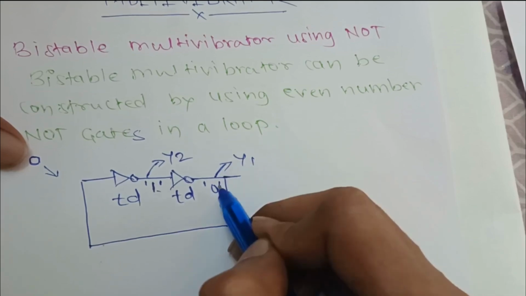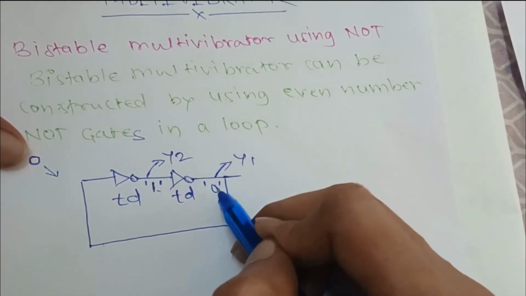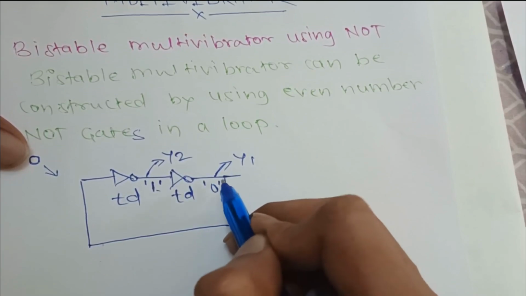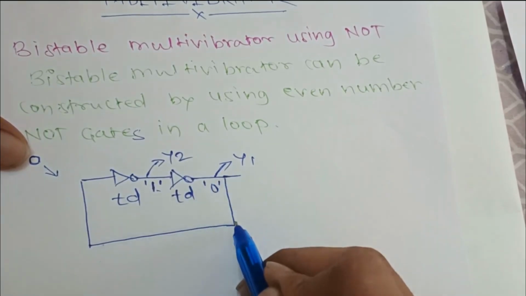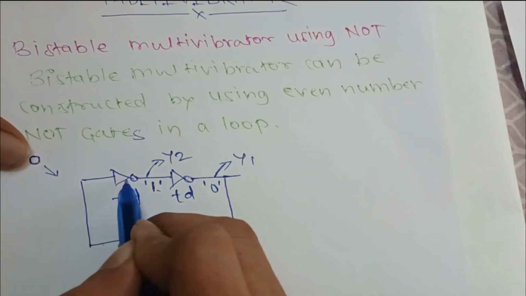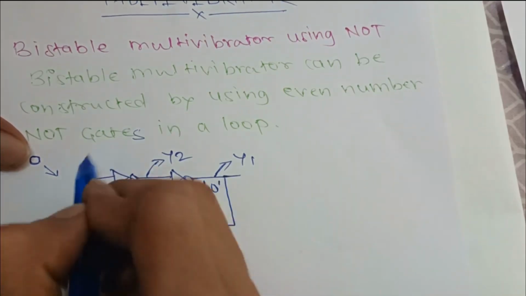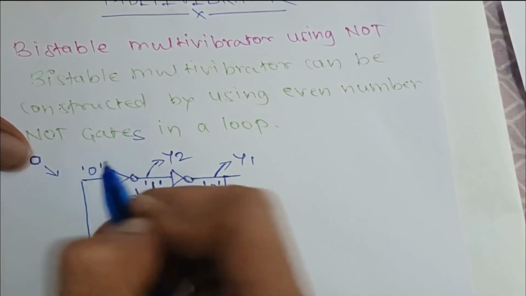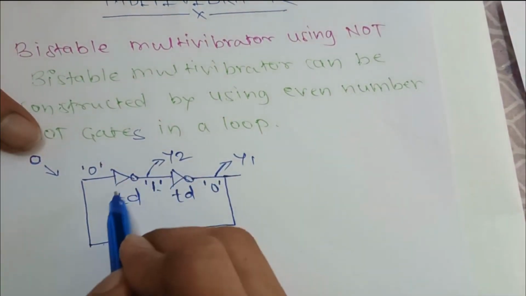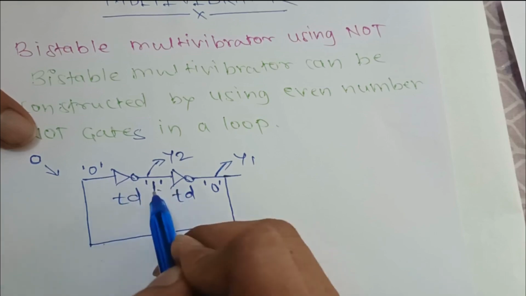So Y1 is going to be 0. The same output Y1 is given as input to the first NOT gate. If you give 0 as first NOT gate input, then it is going to generate 1 as output.